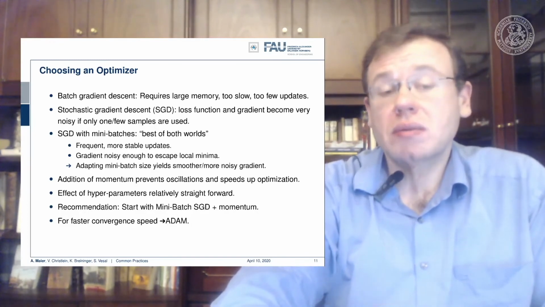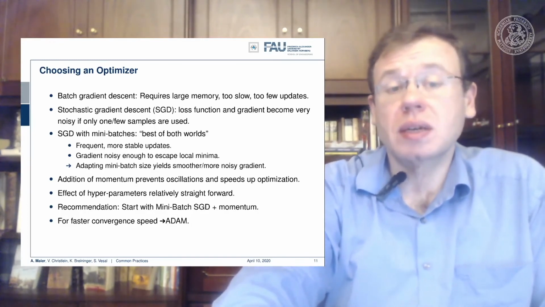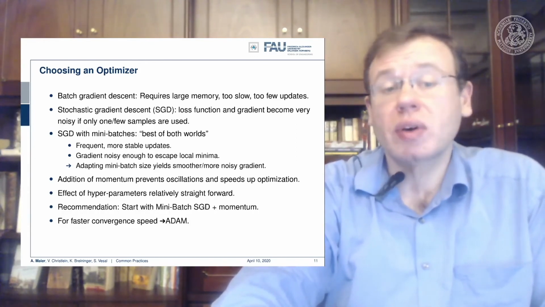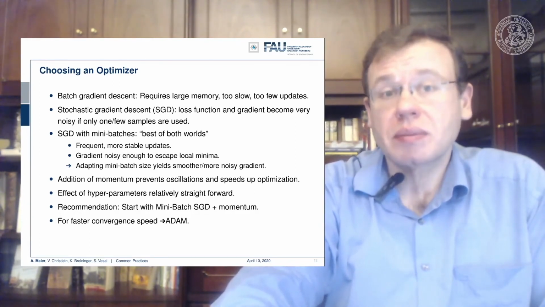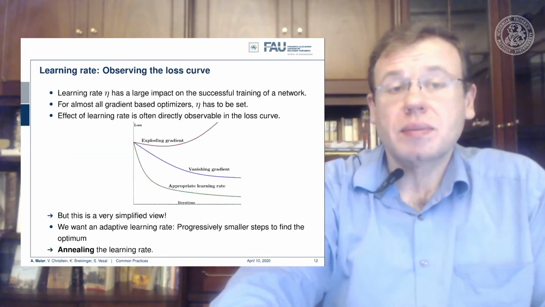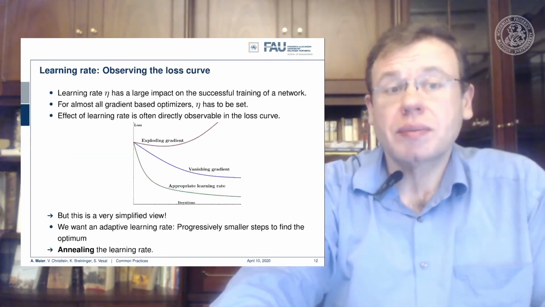The recommendation from us is you start with mini-batch stochastic gradient descent and momentum, and once you have good parameters set up, you then change, for example, to Adam or other optimizers that can optimize the different weights with an adapted learning rate. Keep in mind, observe the loss curve.